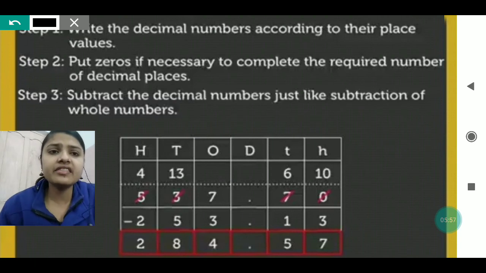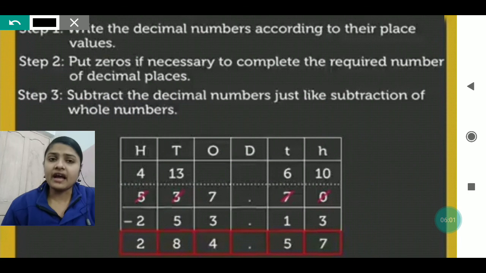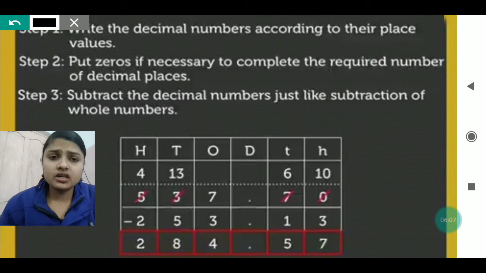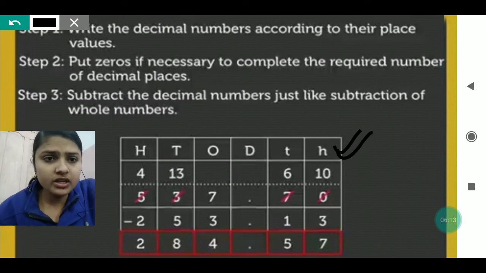See, it is written: write the decimal number according to its place value. So how? Upside you will mention the place value first, then you will put down the number.